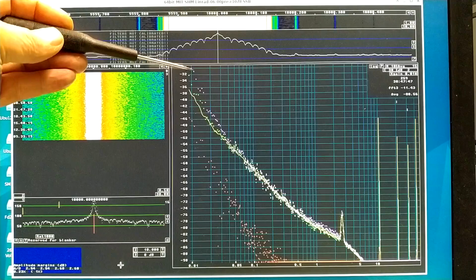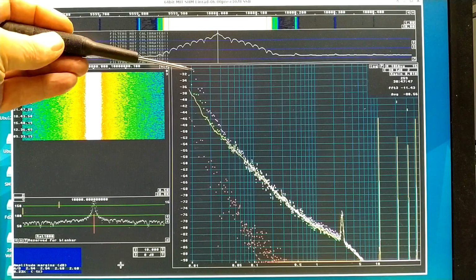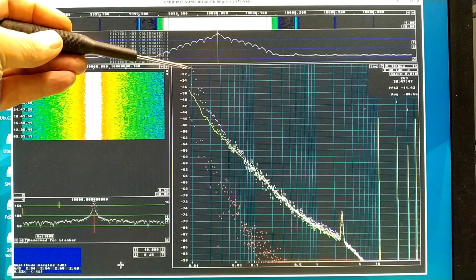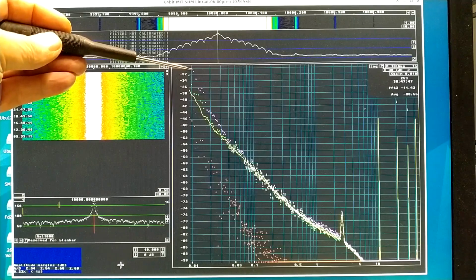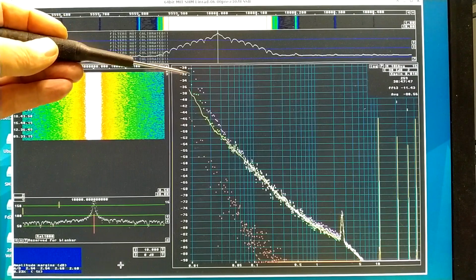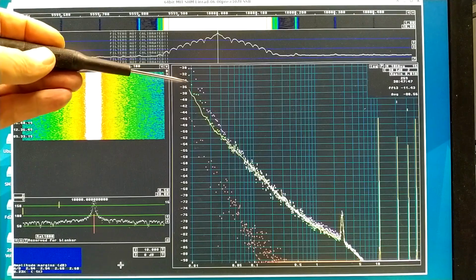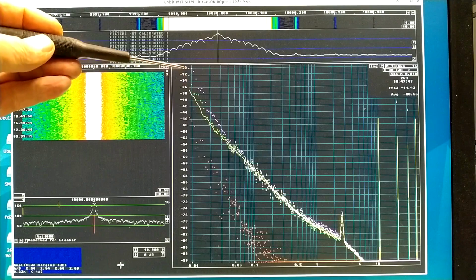Channel 2 has the noise of the channel 2 oscillator because the time constant for locking is very long. So it doesn't contain any of the rubidium oscillator noise, but it has the noise of its own. So I can measure down to 0.01 hertz with reasonably good statistics.